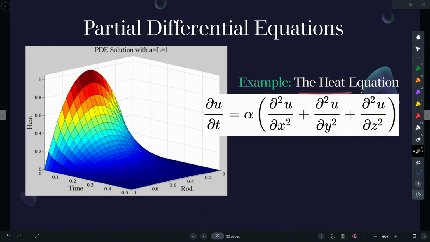So for example, this is the heat equation, and it tells you if you have a rod that is very hot in the middle, how over time the heat dissipates. So that is given by this differential equation. If U is the initial distribution of heat, solving this will tell you what is happening to the heat as time goes by, how it dissipates.